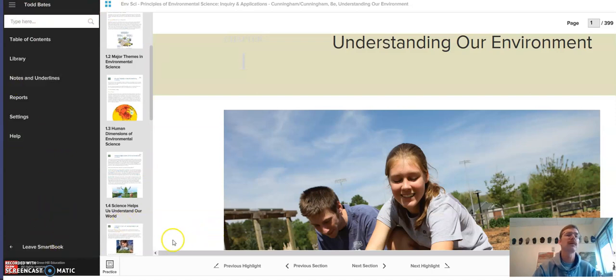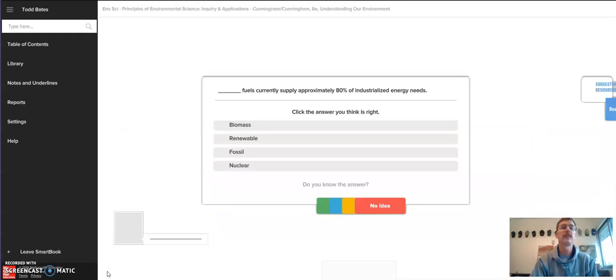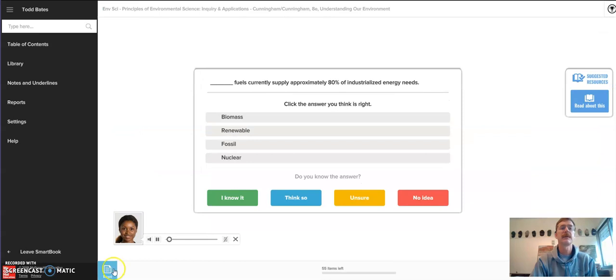I need the SmartBook, lower left side. Sorry about that. My screen was obscured with another screen, and so the practice is located right down here in this lower left corner.